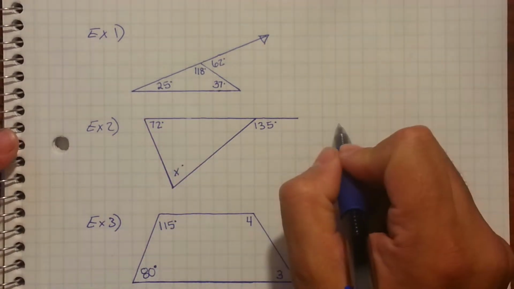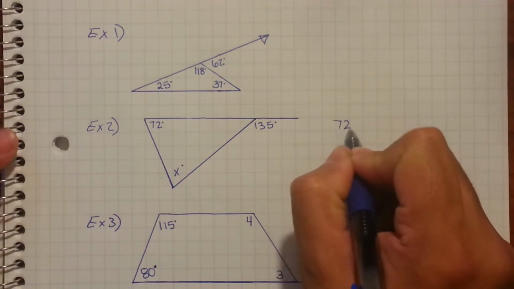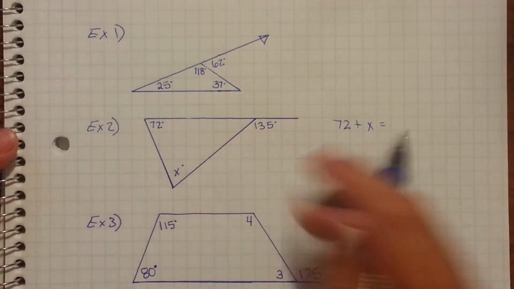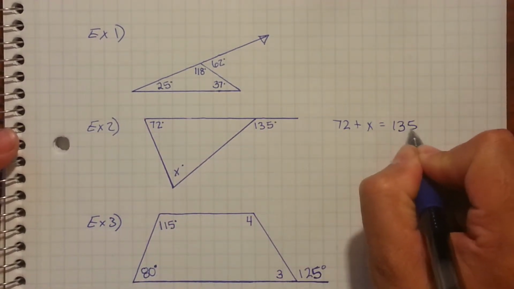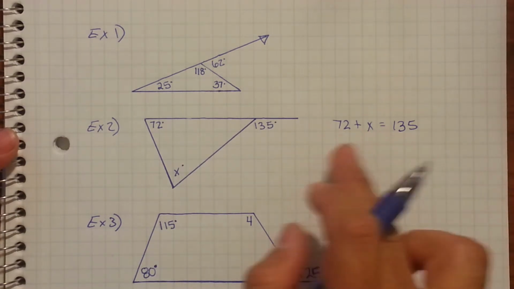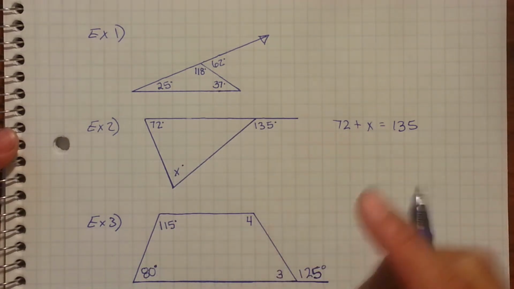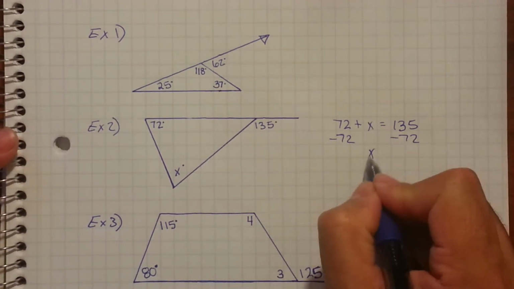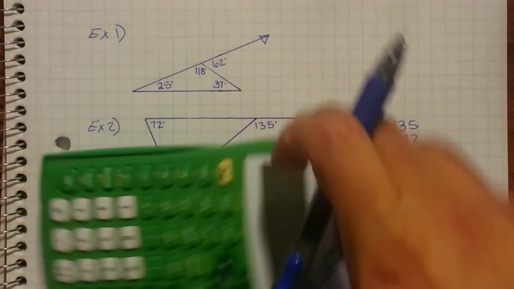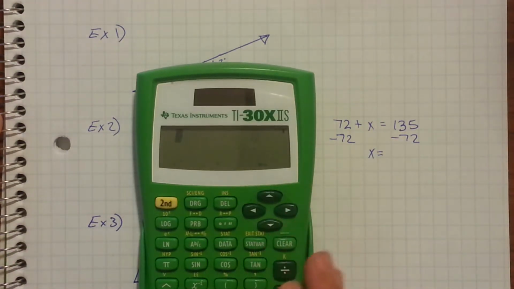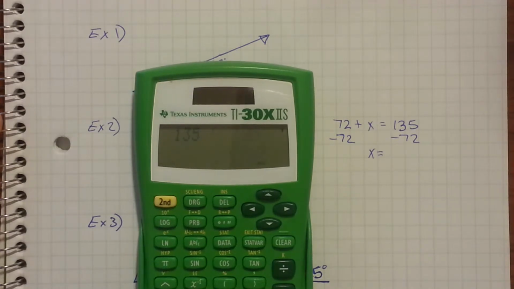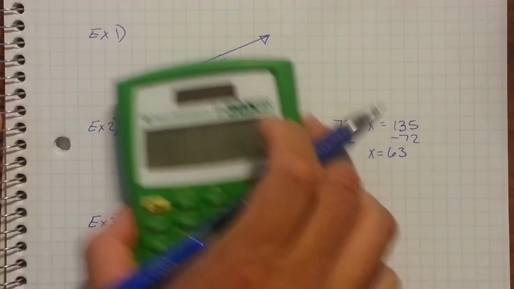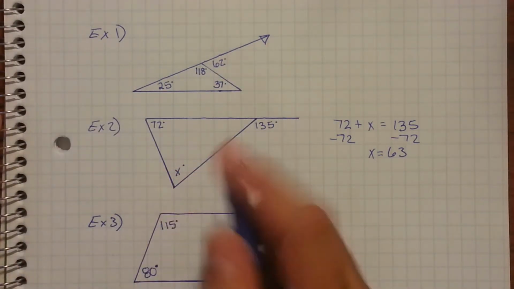So if I write an equation for this, 72 plus x has to equal 135. To solve this mathematically, I subtract 72. So x is equal to 135 minus 72, and I get 63. For this case right here, that one's going to be 63 degrees.